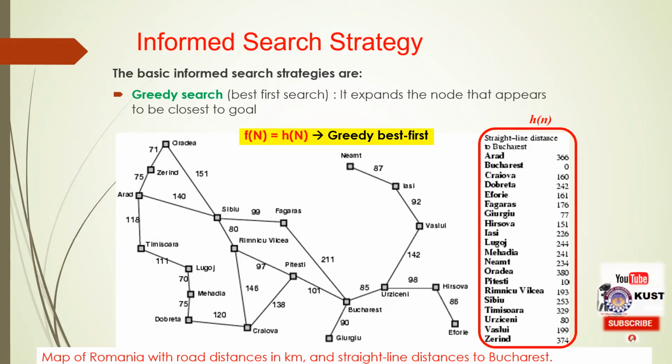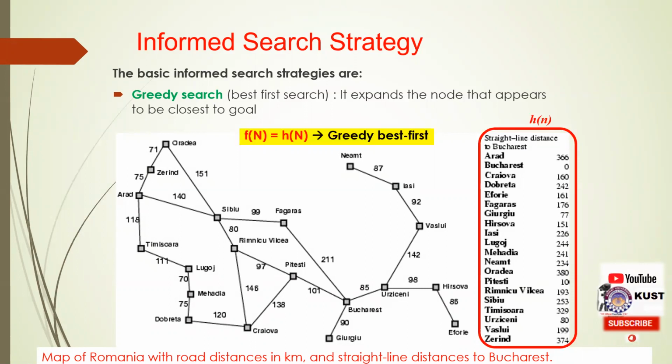So in the best first search algorithm, we expand the node which is closest, and the closest cost is estimated by the heuristic function. It means that it chooses the node which has the smallest heuristic value, and therefore it is also known as greedy best first search.